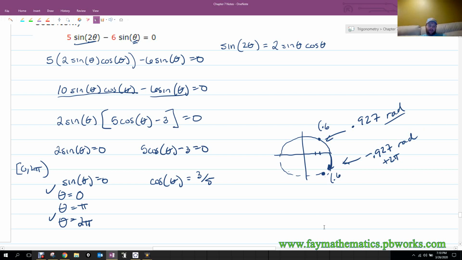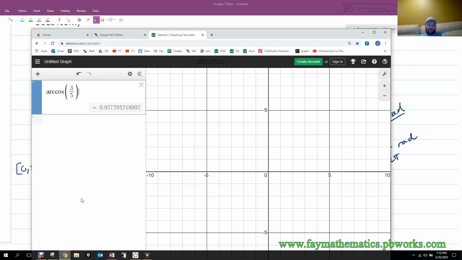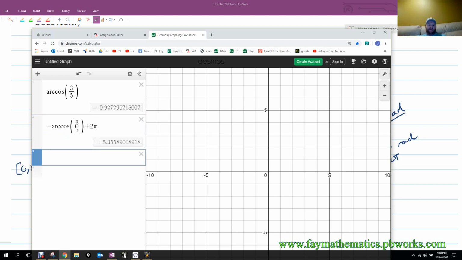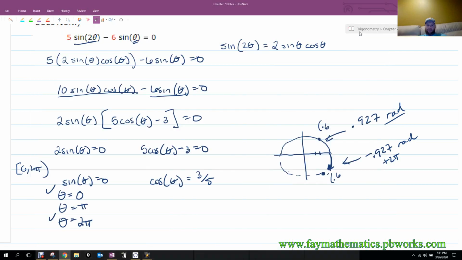There are other ways of doing it, but here in Desmos, I'm going to take negative arc cosine of 3/5. So that's the negative 0.927 and add 2 pi to it. So it's going to be 5.355 radians.